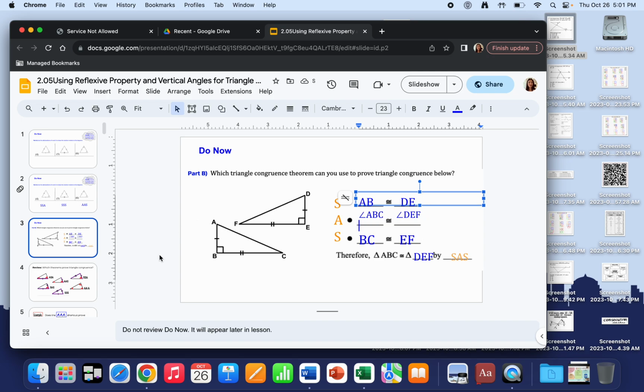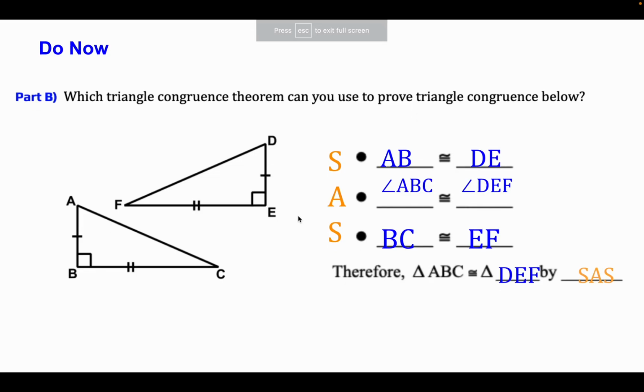And our final side is going to be BC with the 2 tick marks and EF with the 2 tick marks. And because it follows SAS, that triangle congruence shortcut, it means the whole triangle ABC is congruent to DEF. Order matters by side, angle, side. Don't forget, we have a new triangle notation, a literal triangle in front of DEF.